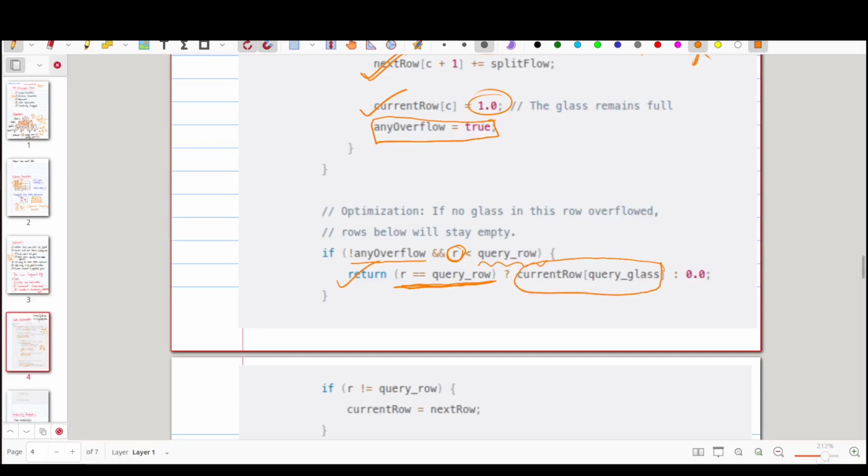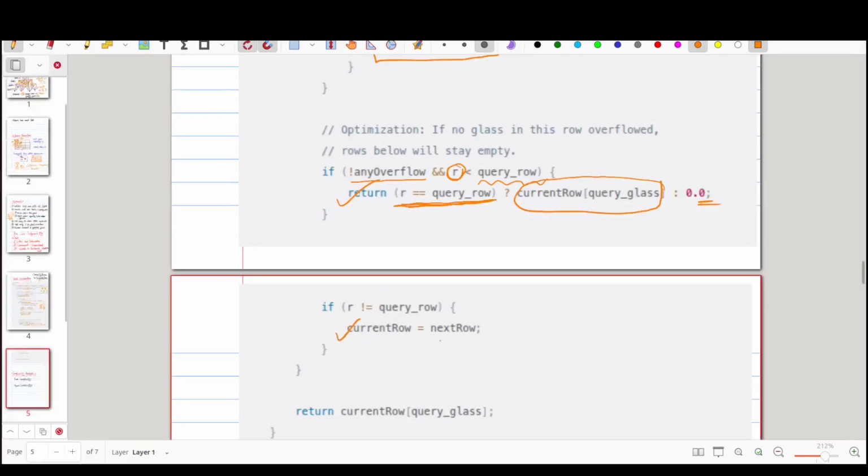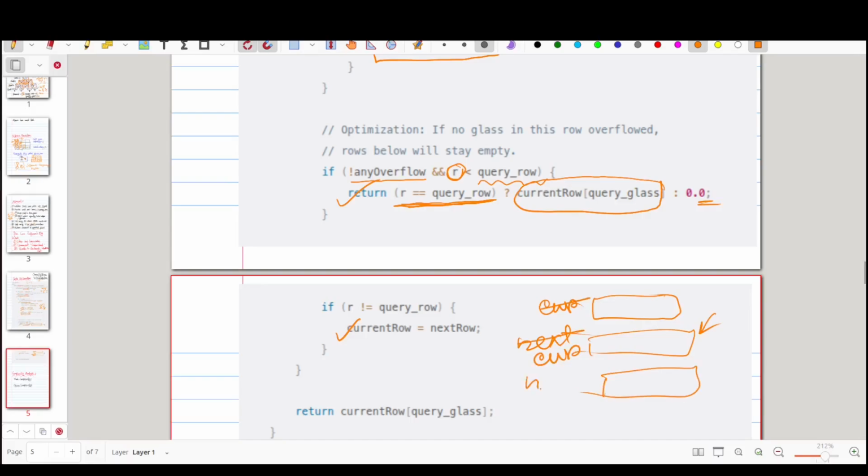Or if it is the next row from the current row, then it will always be filled with zero water. And if not, then we have to update our current row state as current row equal to next row. That means this is the current and this is the next state. Now when we calculate this one, we reassign this as the current and calculate the next state over here.